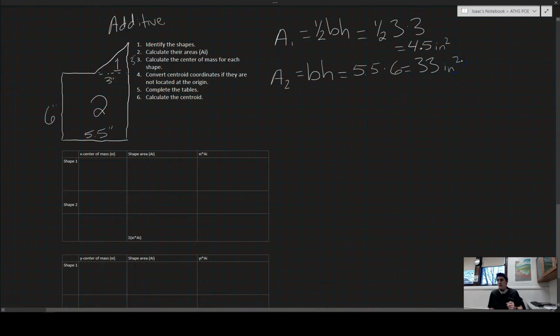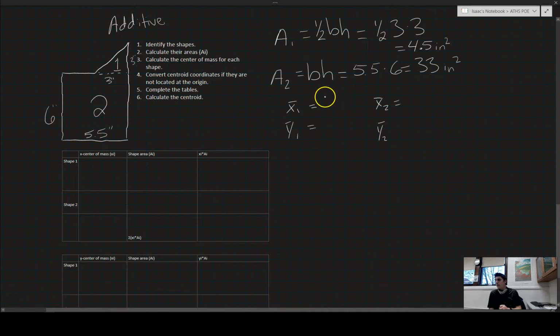Okay, so we have done step 1 and step 2. The next step is to calculate the center of mass for each shape. So I'm going to write x1, y1, and x2, y2. Now, this notation here denotes the center of mass that we've used in class up until this point.